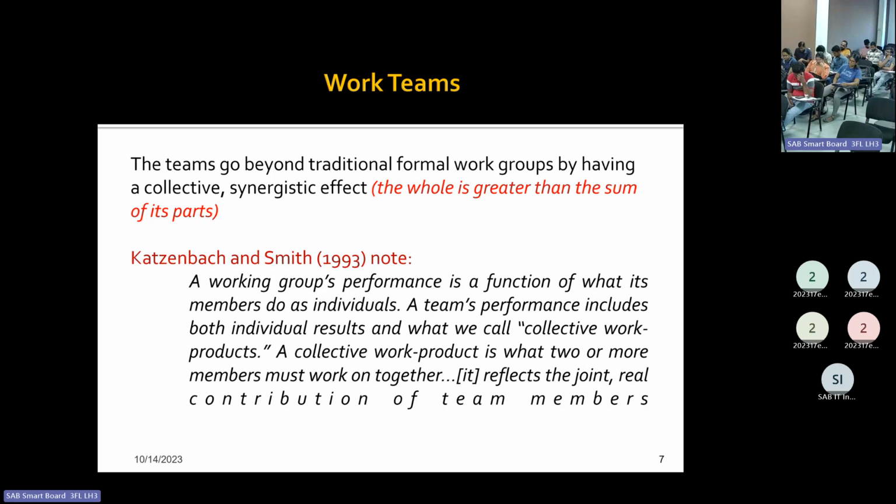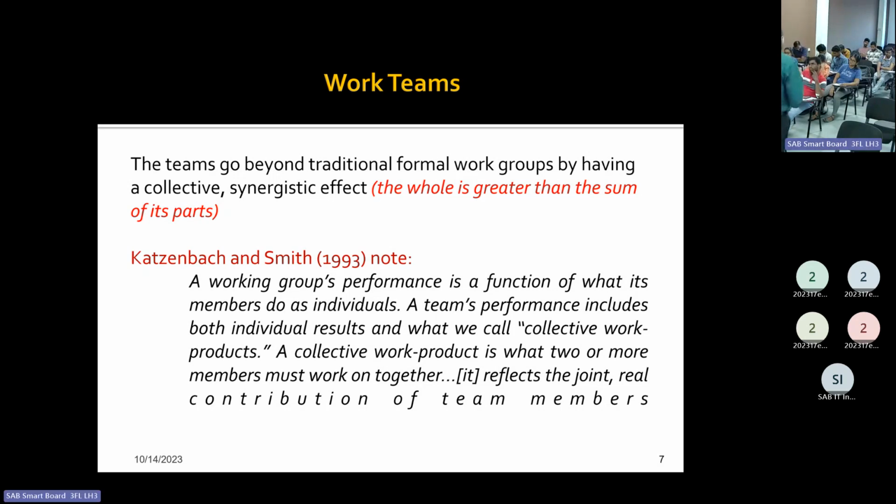But the main difference between work groups and work teams should be understood considering the members' collective effort. That is said as their synergetic effort. Compared to a work group, the synergy, the collective result of the synergetic effect, is very high in the team situation. This is based on the systems theory in management.